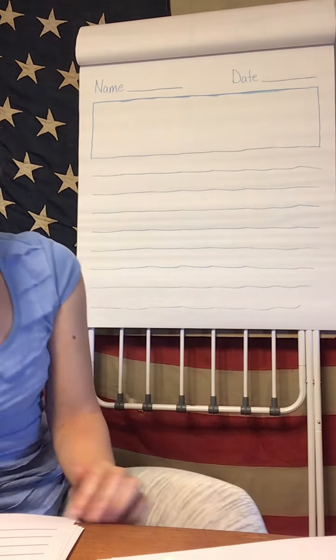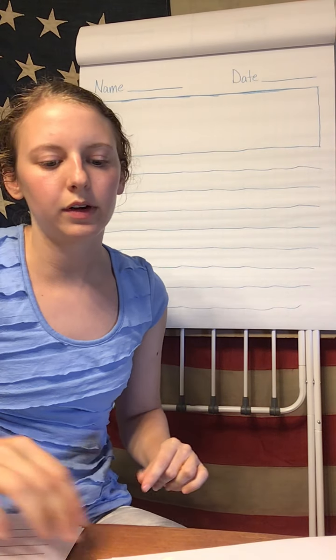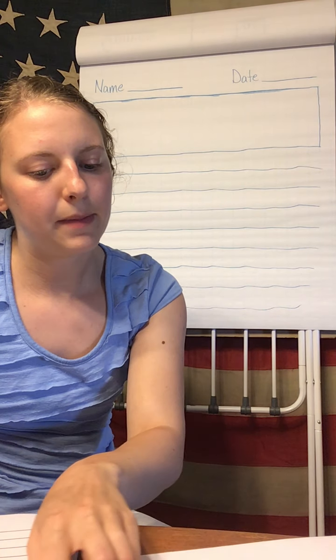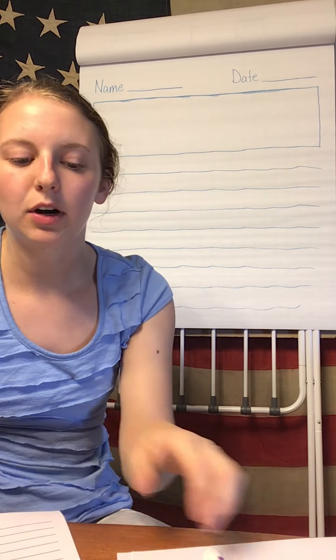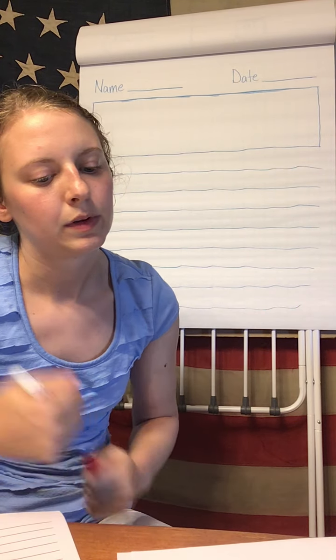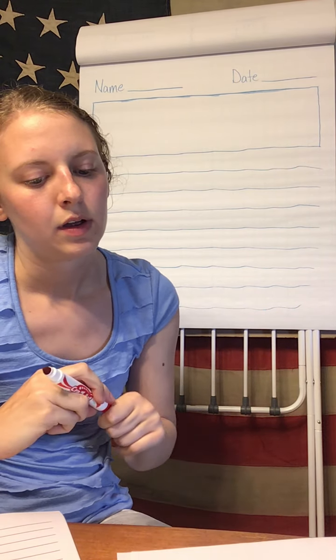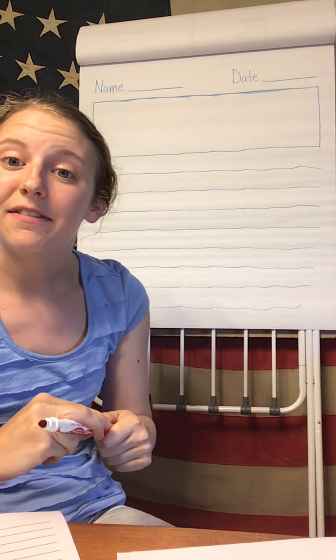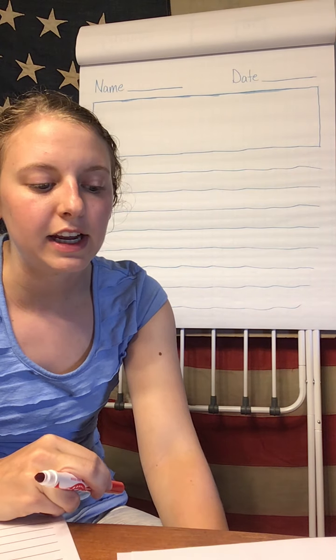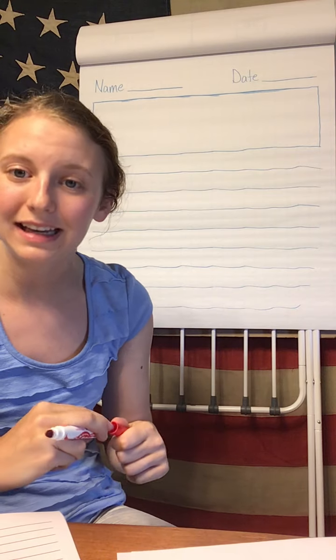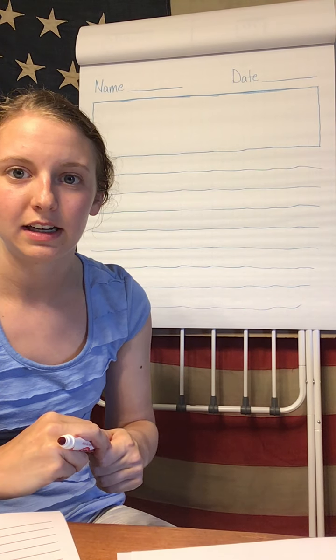Now for writing today, we are going to write about our favorite summer activity. I want you to share a fact about that summer activity and then write your opinion about it.